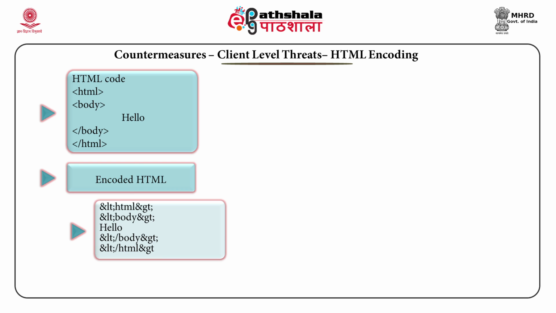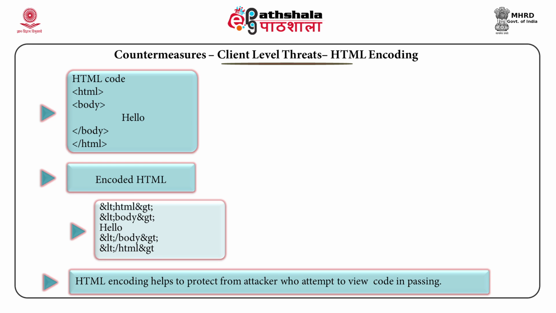In the body tag also, instead of angle bracket, we have written ampersand LT semicolon body ampersand GT semicolon. This type of encoding helps to protect from an attacker who attempts to view code while the code is passing.